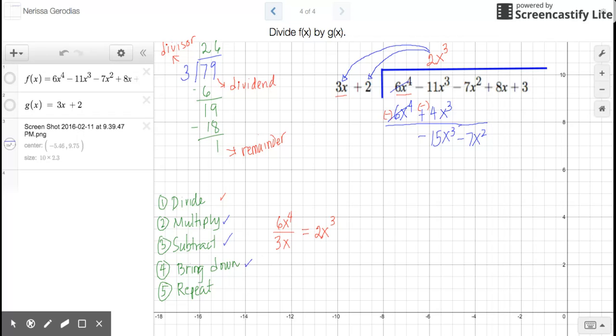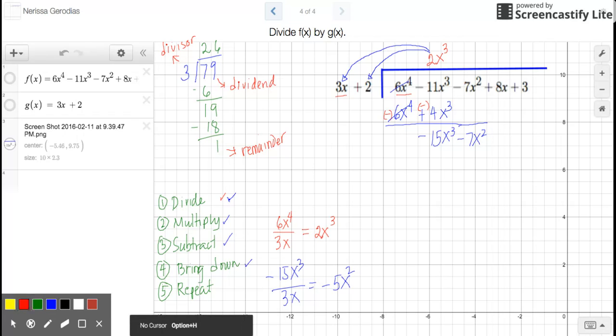So I'm done bringing down. I'll repeat the process. I will divide again. So divide negative 15x cubed over 3x. And that's going to give us negative 5x squared. So we're going to put here negative 5x squared.